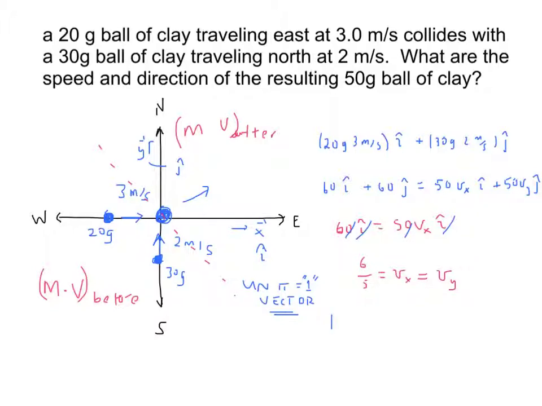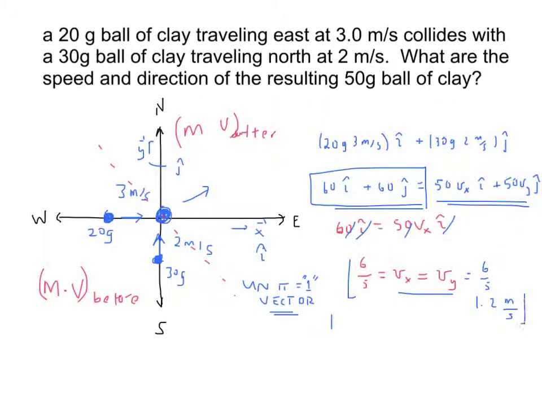So my final momentum from this equation is equal to this, and we know that vx is equal to 6/5, or 1.2 meters per second, and the same for vy.